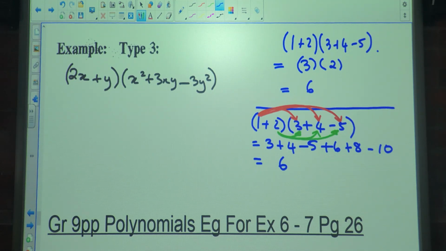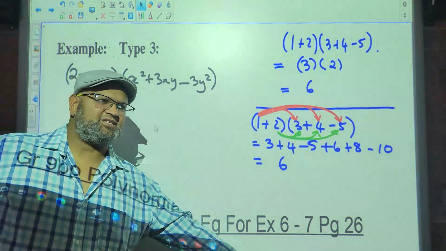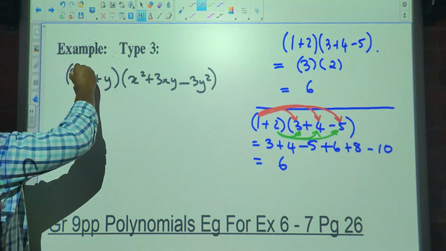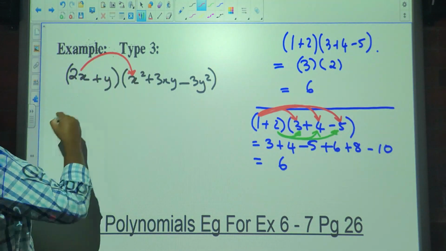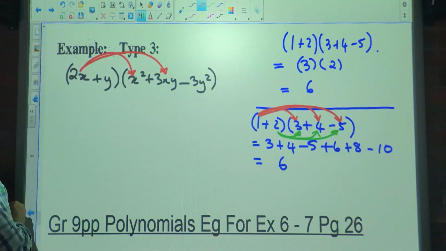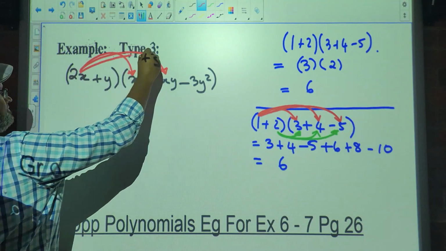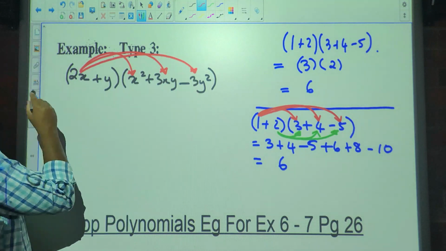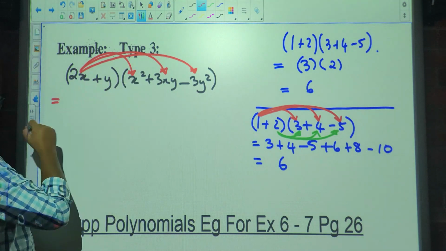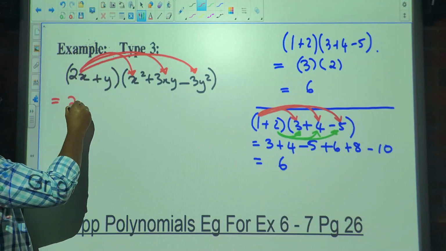We would have to apply the distributive property. You guys understand? And how do you apply it? We have to say that 2x must be multiplied by x squared, 2x multiplied by 3xy, and 2x multiplied by negative 3y squared. So let's multiply. 2x multiplied by x squared? 2x cubed.